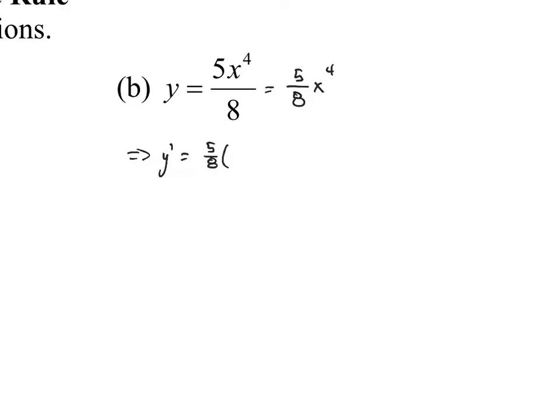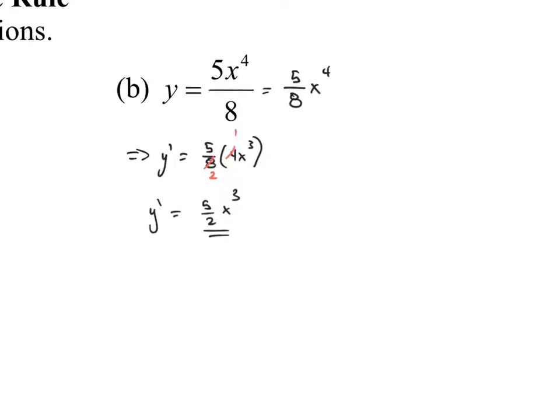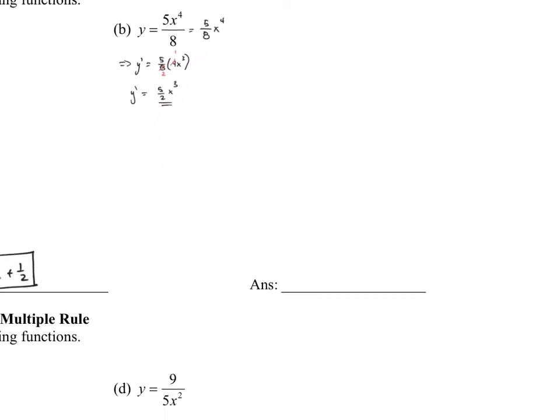This is 5/8 times the derivative of x to the fourth. Well, x to the fourth would be 4x cubed using the power rule. Drop down the power, and the power minus 1. Then we do a little bit of simplification. The 8 and the 4 would turn into a 1 and a 2 when we simplify. So it looks to me like we'd have 5/2 times x cubed. Again, you could write that as 5x cubed over 2 if you prefer. But that's how I'm going to leave my final answer, is 5/2 times x cubed.